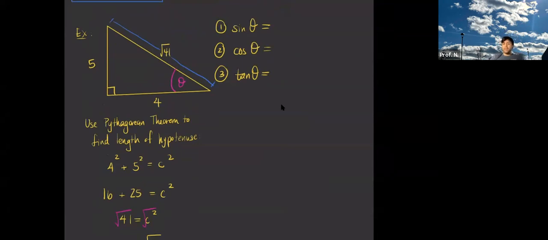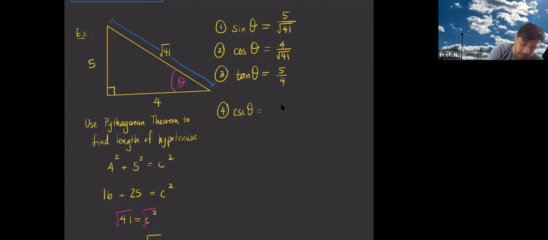So then what is sine of that angle, theta? It's going to be the opposite side, 5, over the square root of 41. Cosine will be 4 over the square root of 41. And tangent will be 5/4. And then what's number 4?